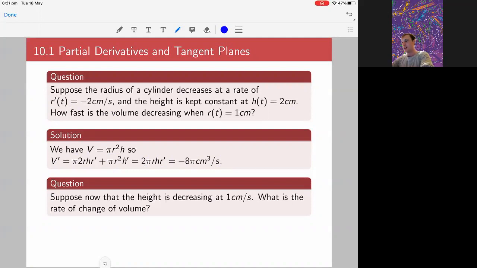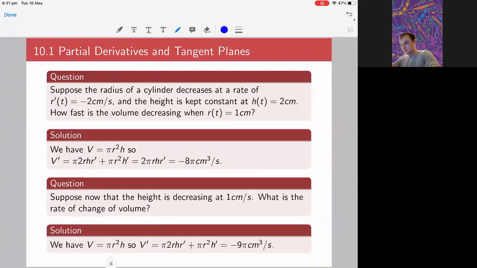Let's suppose that in addition to the radius changing at 2 centimeters per second, the height is now also changing at 1 centimeter per second. What is the change of volume? Well, the good news is that this same computation is still true. So the same computation as before, except now what happens?